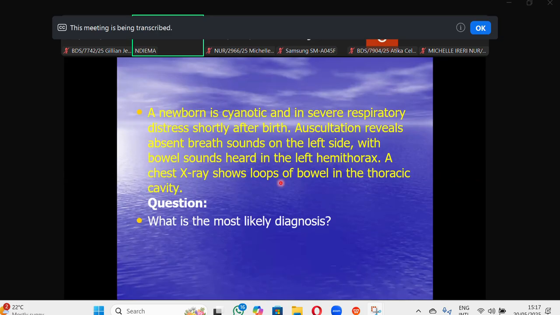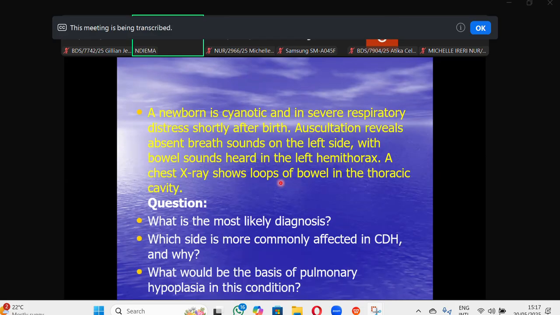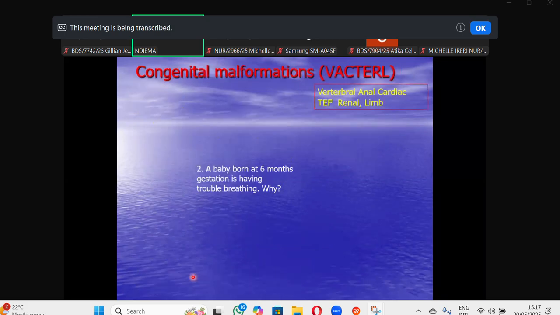And because the intestines are occupying a space where the lung is supposed to develop, that lung undergoes hypoplasia. It doesn't develop on that side. So here we are talking about congenital diaphragmatic hernia.